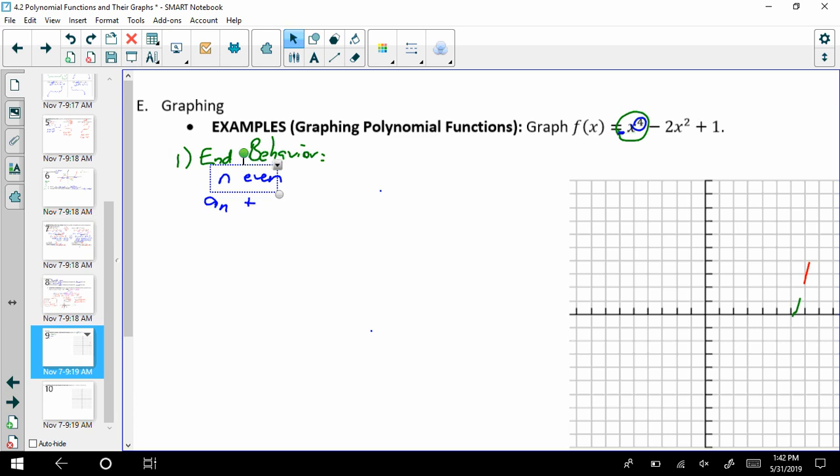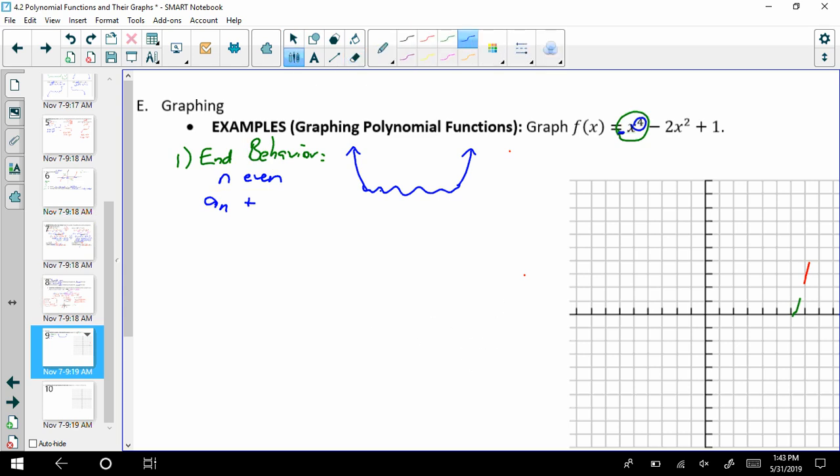So now I have to think, which of those 4 types is it? Since it's even, we're going to go the same way, and since it's positive, I know the ends are going to be going up.